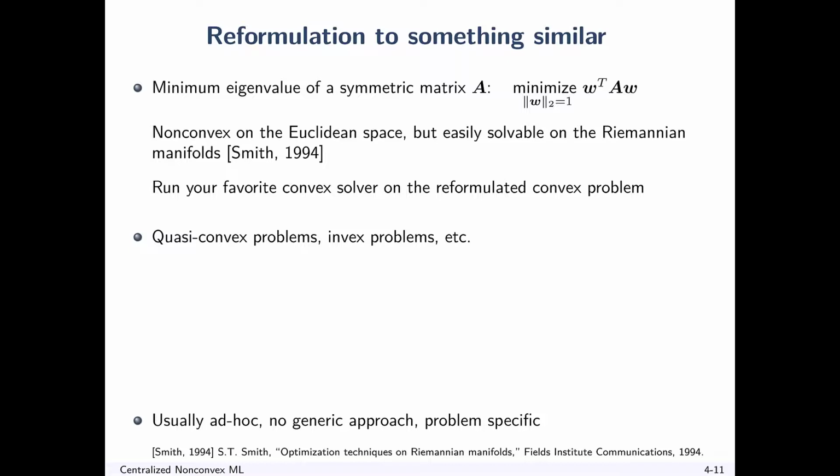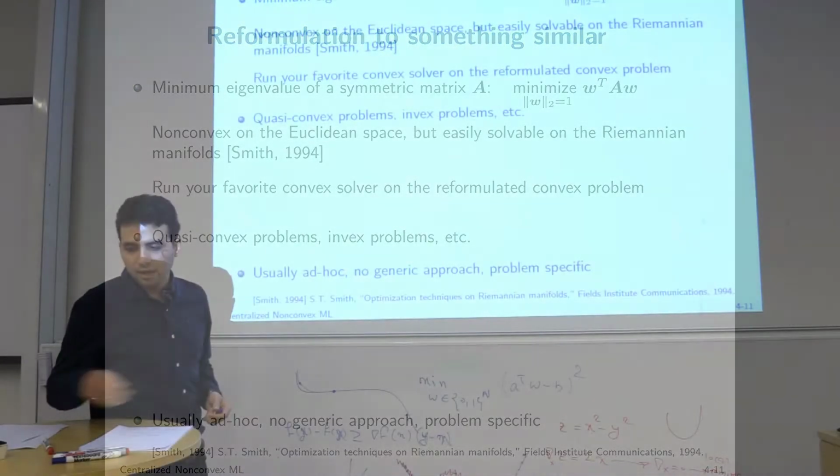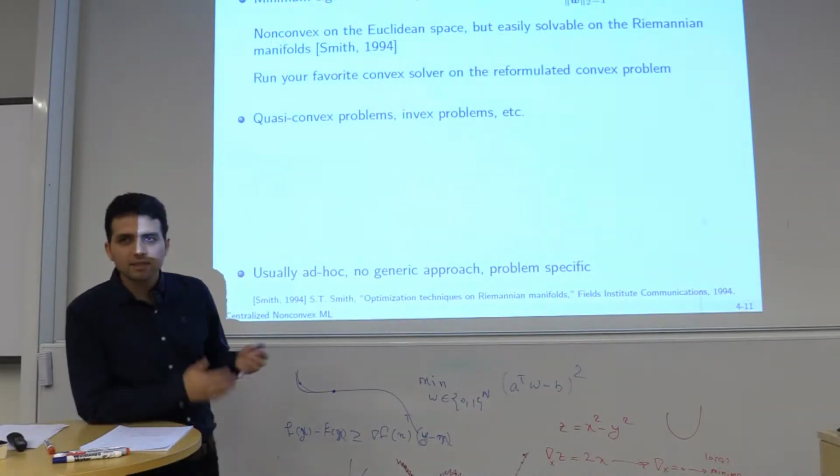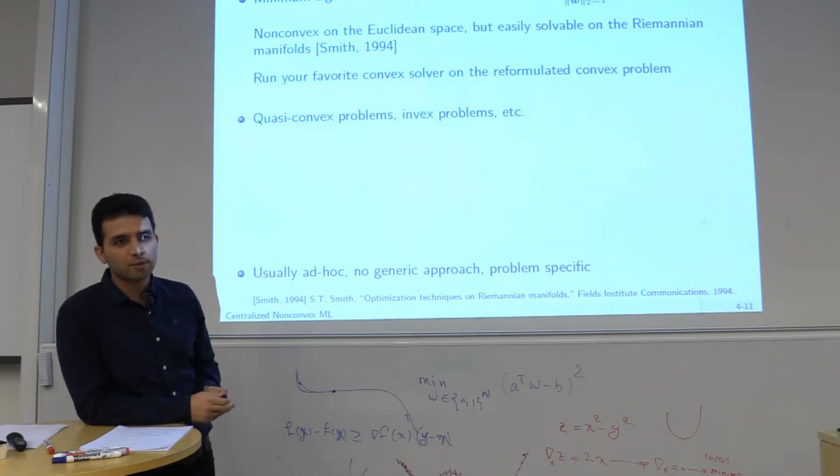For example, in the case of minimum eigenvalue, it's non-convex in Euclidean space, but then you can just change the space, go to the Riemannian manifold, and then it's going to be convex there, and then you can define an optimization, a very easy Newton solver that can solve that to optimality. But not in the Euclidean space. Euclidean space is just defined by this norm here. So what I'm saying is that this is a solution for this specific type of problems, which is a pretty important type of problems.